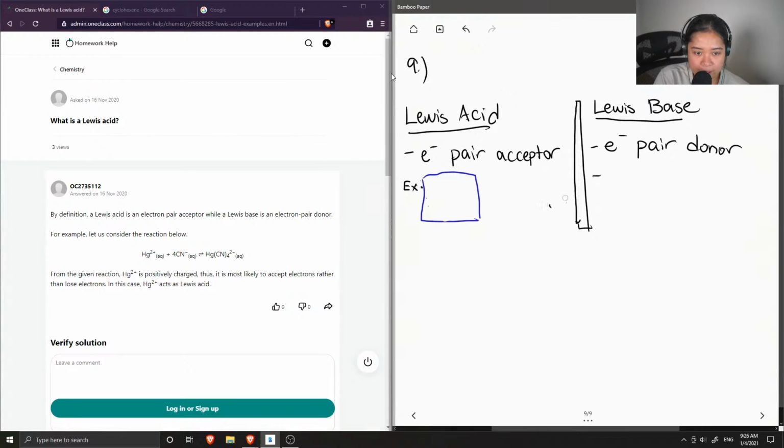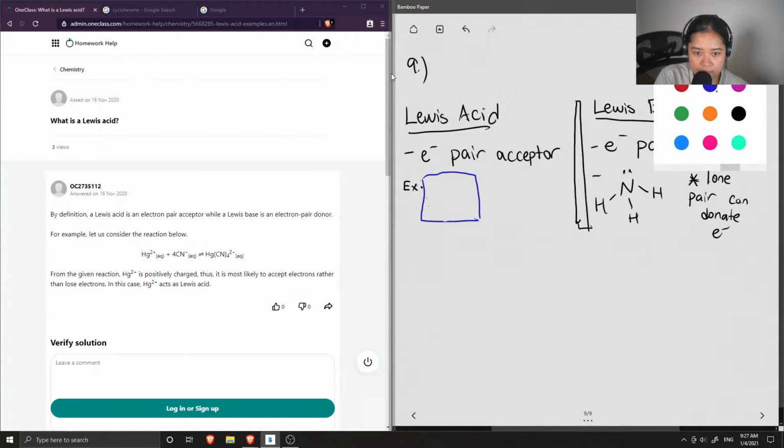So the Lewis base is the NH3 because it can donate electron pairs through its lone pair. So NH3, I got the two mixed up in my notes as well. The lone pair that can donate electrons. Put this in a box.